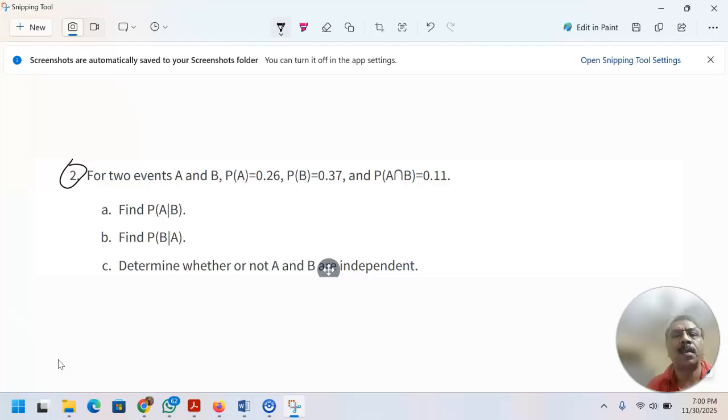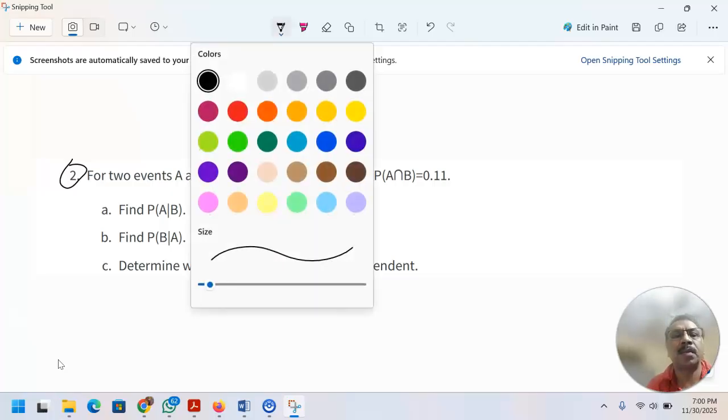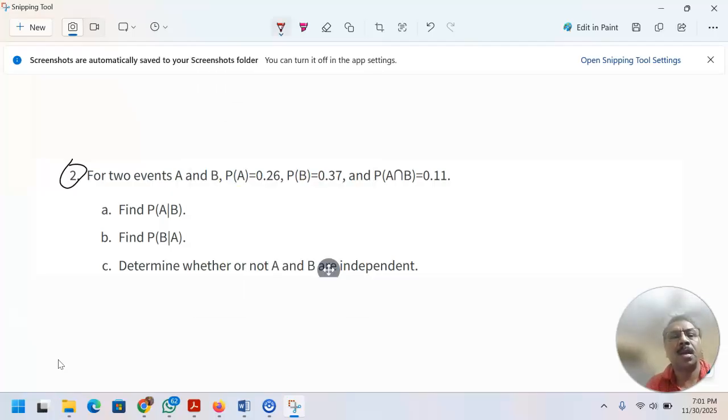In the second problem, again, this is just to reinforce and build up your skill in understanding conditional probabilities and independent events. You're given these three pieces yet again.